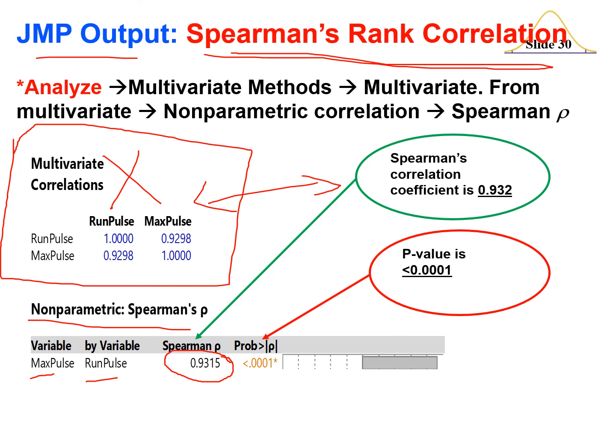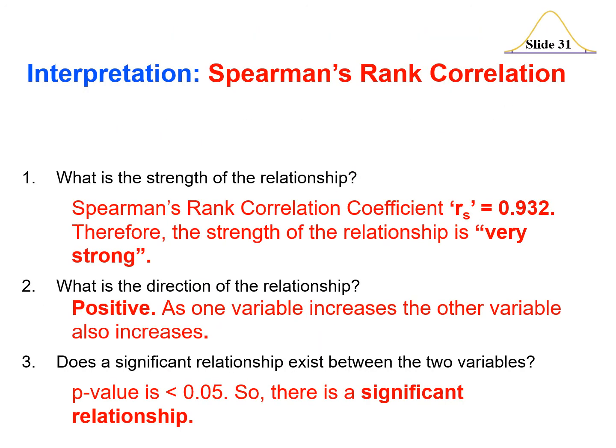The Spearman correlation coefficient is 0.932, and this is the p value, which is less than 0.0001. This is a very small value. So we can say that the Spearman rank correlation coefficient rs is 0.932.